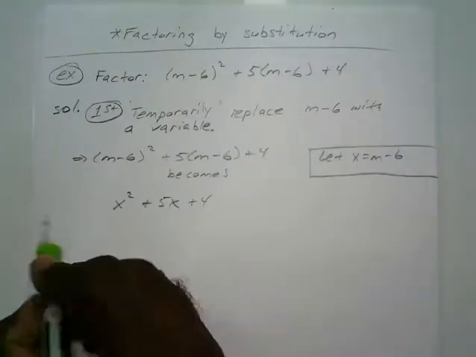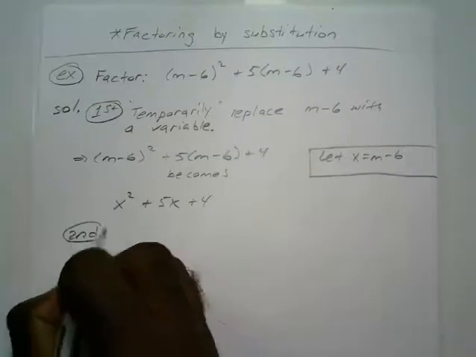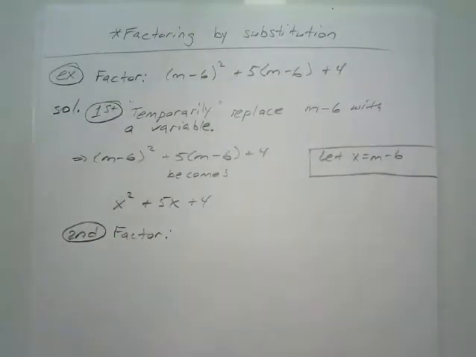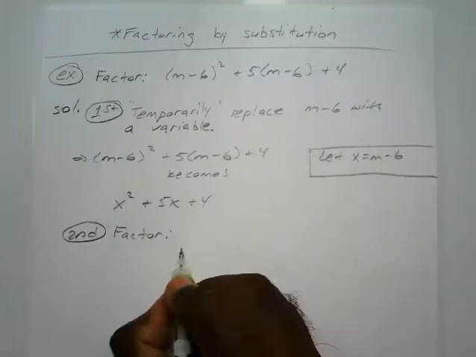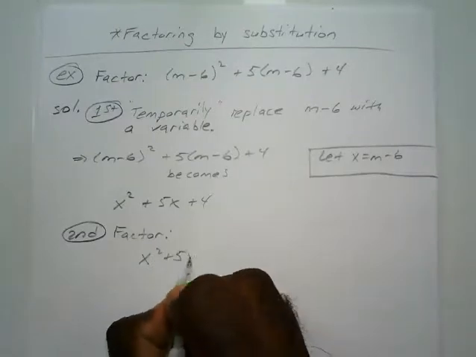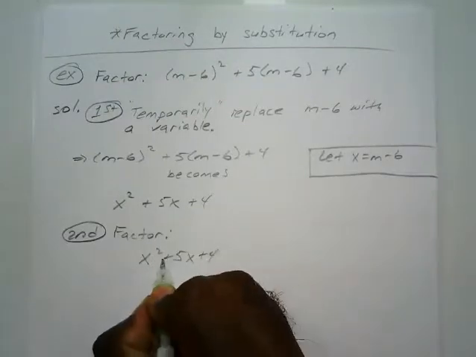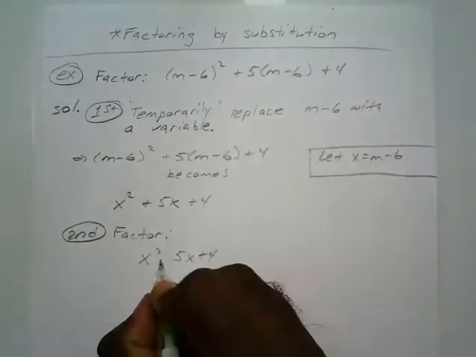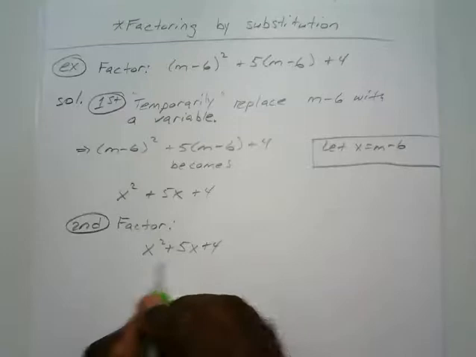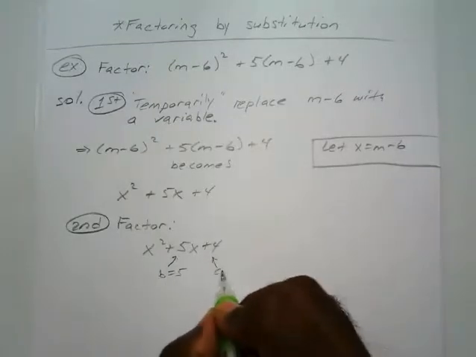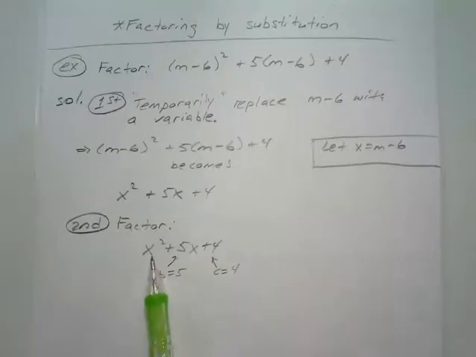So that brings us to our second step, which means we're just going to factor. If we have our x squared plus 5x plus 4, here we know our b is equal to 5 and our c is equal to 4. So it's in the x squared plus bx plus c form.